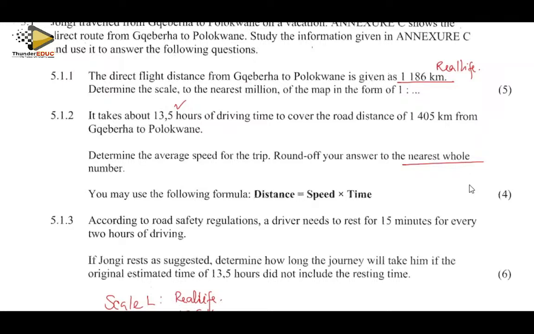So average speed simply means it equals distance over time, which became 1,405 divided by 13.5.